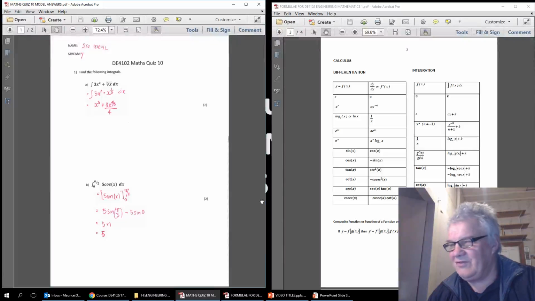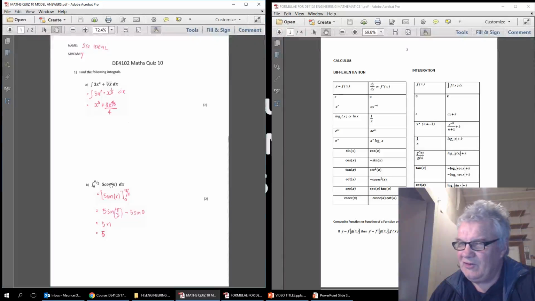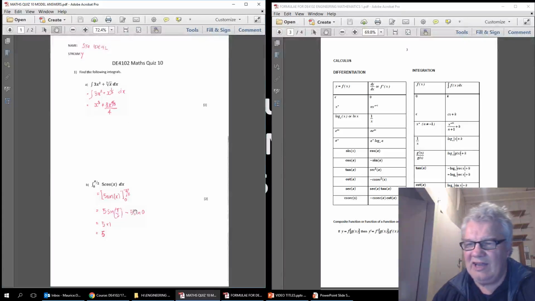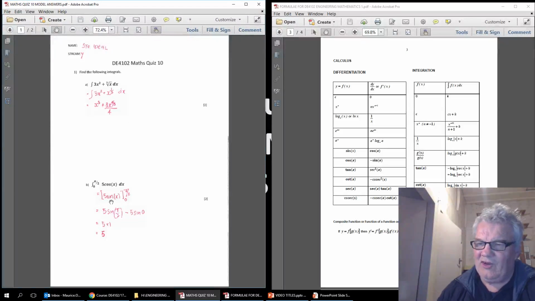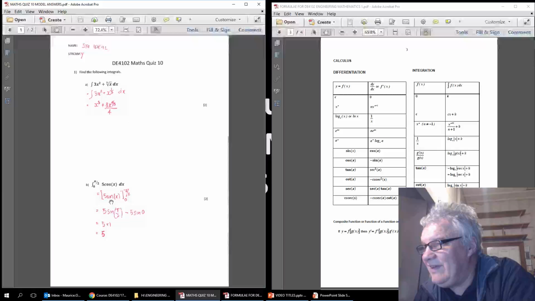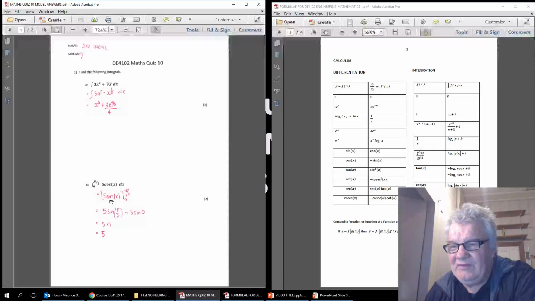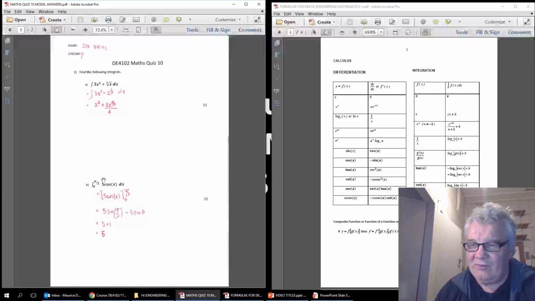Yes, if cos x is the differentiation, then the integral must be sine x. And then we know that if it's 5 sine x, it's just going to stay the same. So if we go 5 sine x and we integrate that, we just get 5 cosine x. So pretty simple there. No big deal. They just flip one to the other.